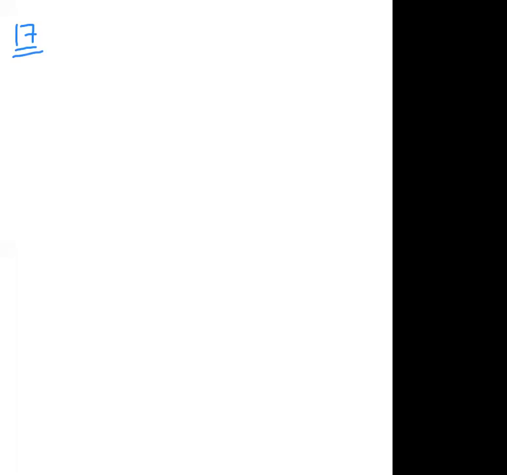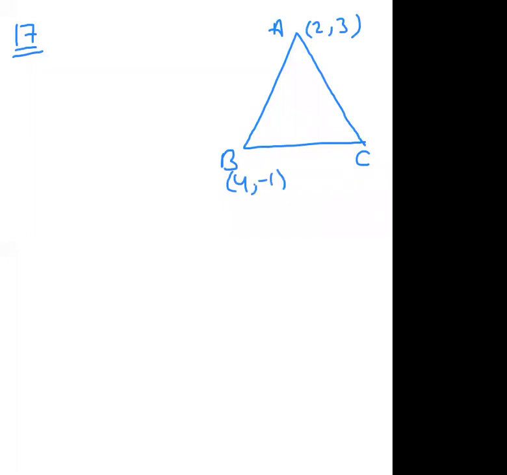In the triangle ABC, we have been given a triangle ABC. A is (2, 3), B is (4, -1), and C is (1, 2).